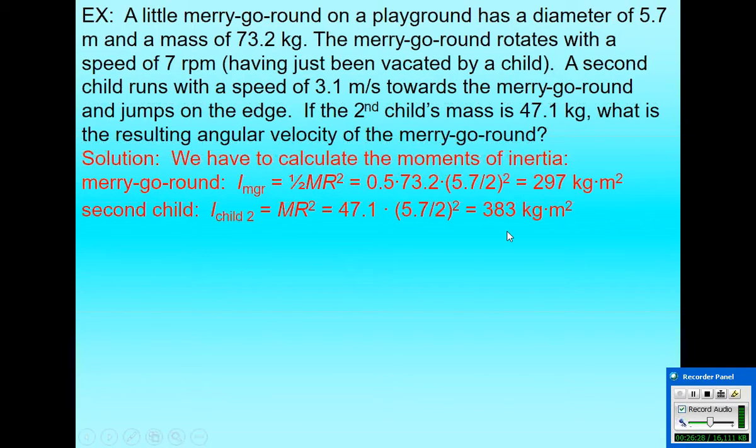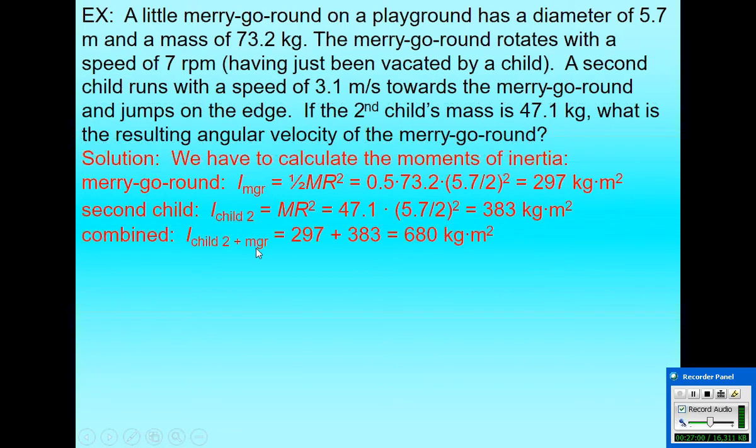Their mass is 47.1. We're treating them as a point mass, so k is 1. And so I calculate the moment of inertia of this second child to be 383 kilograms times meters squared. If they chose to land on a different location on the merry-go-round, that would change the value of their moment of inertia, but we have them on the edge of the merry-go-round. So 383 kilograms times meters squared.